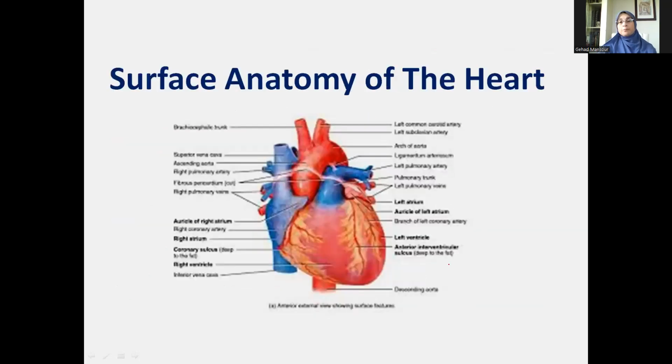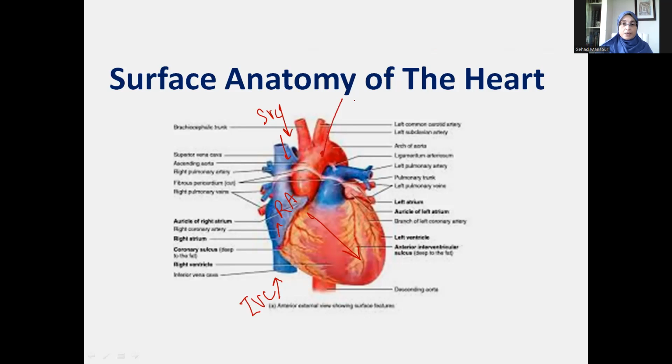Of course, it is very important to know the structures of the heart. I might ask you a very primitive question, just like giving you this diagram and asking you about this structure. You would say the superior vena cava, the inferior vena cava, and the right atrium. Notice that the axis of the heart is oblique to the left, and that the superior vena cava and inferior vena cava are on the same line.